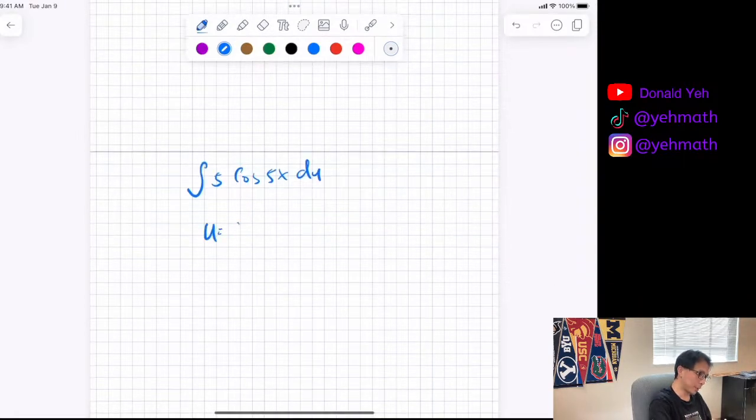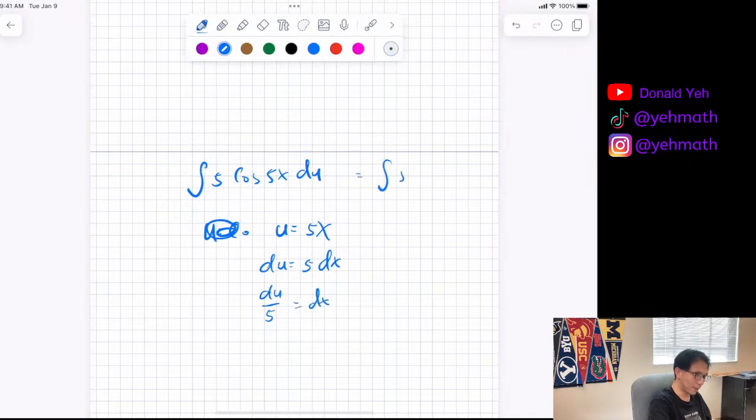Normally people do not see that fast, but you are Jared. du equals 5 dx. And you see that du over 5 equals dx, now I can change that. This is 5x, so that's going to be du over 5. The 5 and 5 cancel out. That's going to be cosine of u du.